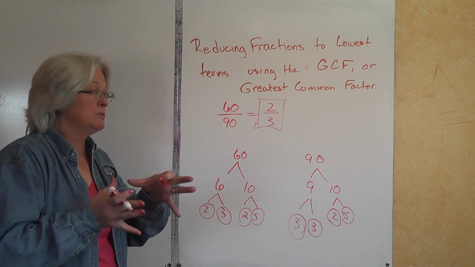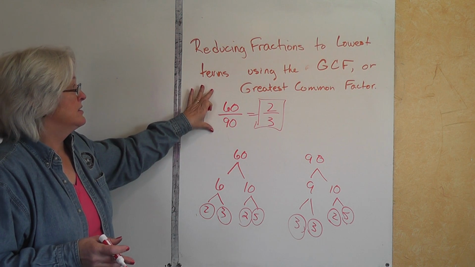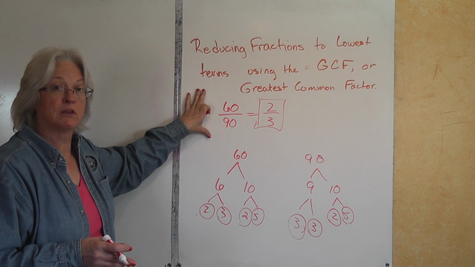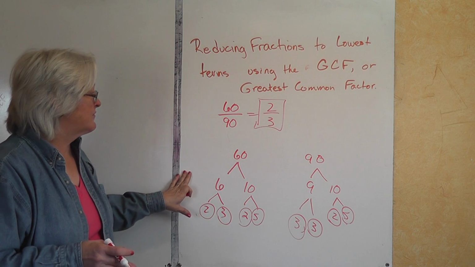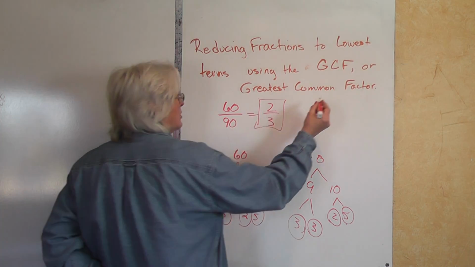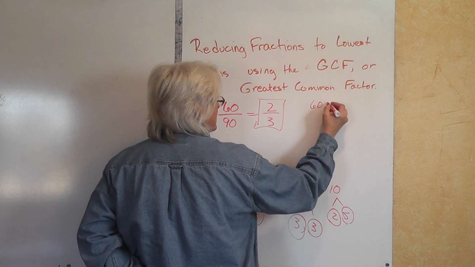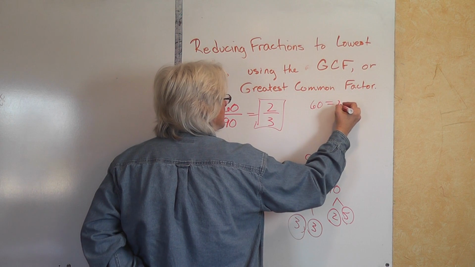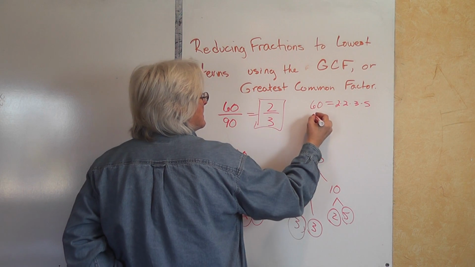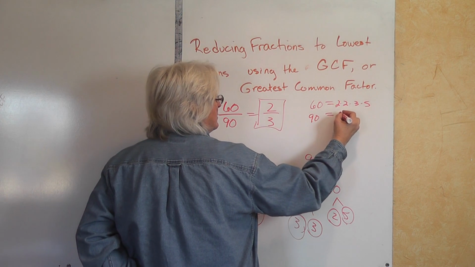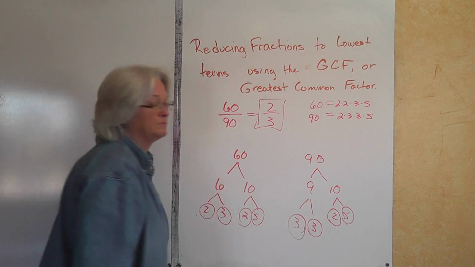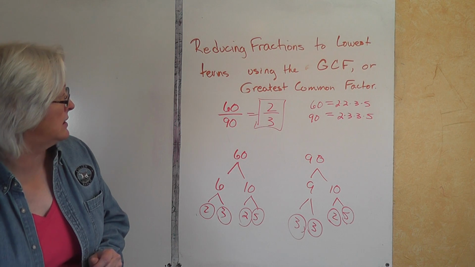Now what I showed you before is that if we want to reduce a fraction to lowest terms using the greatest common factor, first we prime factor each number and write that as a product of primes. So 60 is equal to 2 times 2 times 3 times 5. 90 is equal to 2 times 3 times 3 times 5. This is what we did last time.